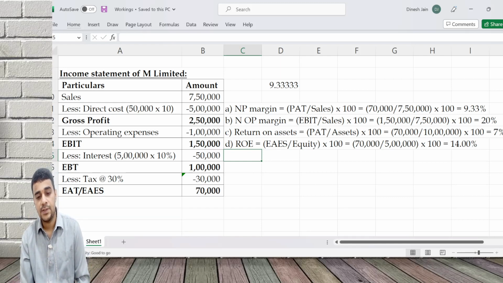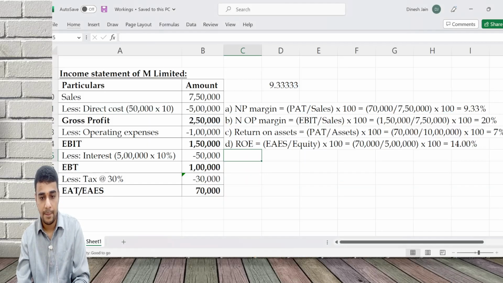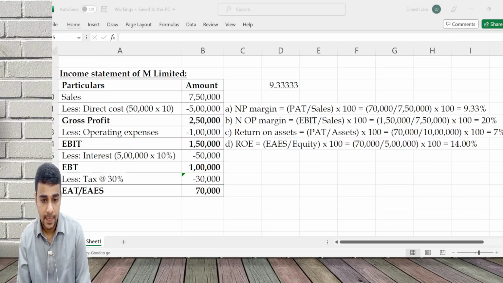I think it is an extremely simple question once the income statement is done properly. I hope you have completed this.